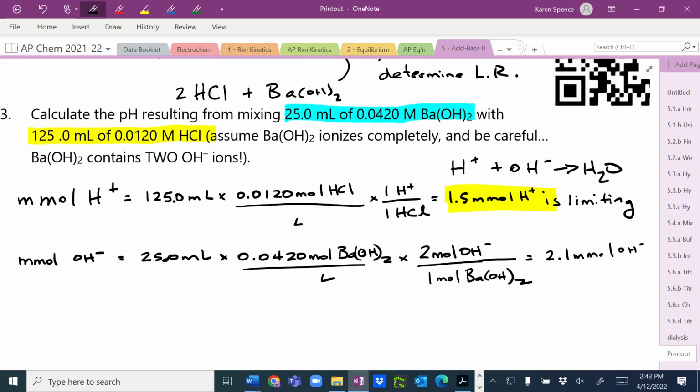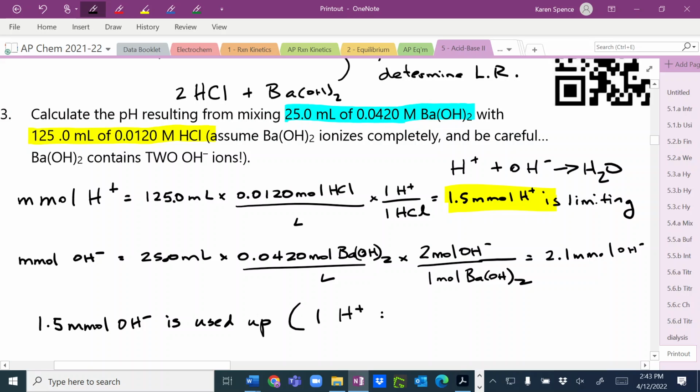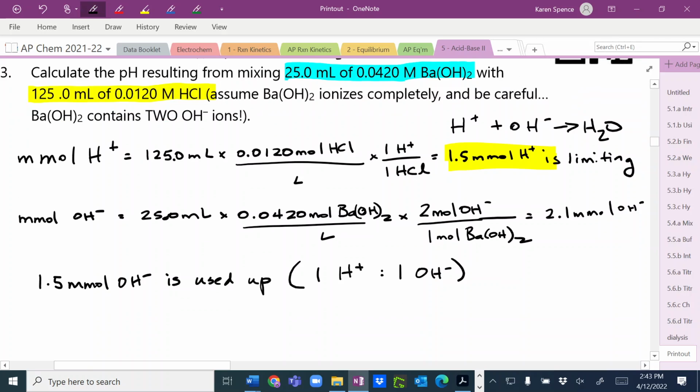Yes, because it's 1-to-1. So 1.5 millimoles OH minus is used up because there's 1 H plus for every 1 OH minus, which means that the millimoles of OH minus left over is 2.1 millimoles minus 1.5 millimoles, which is 0.6.